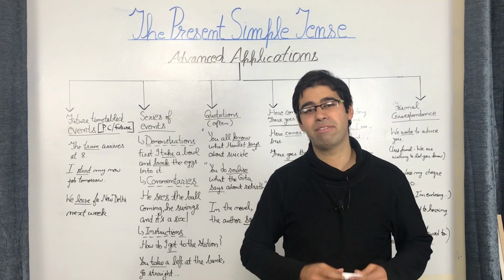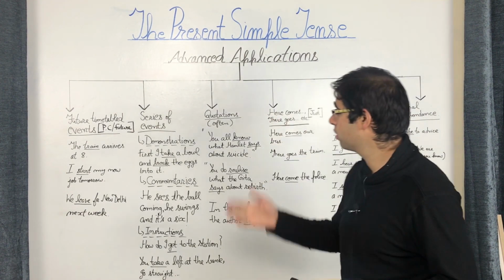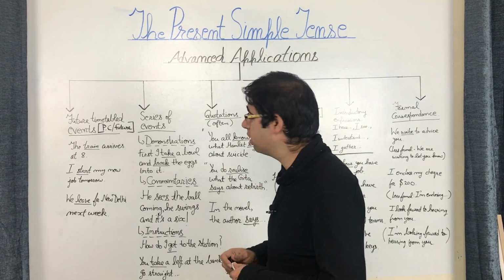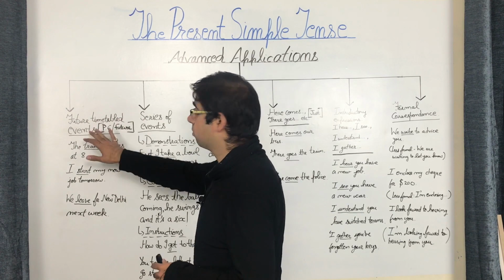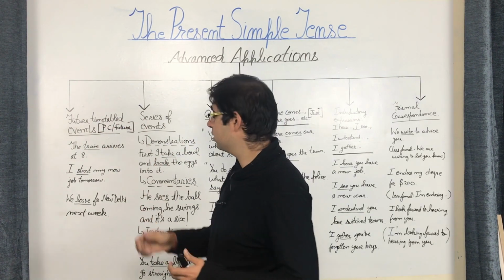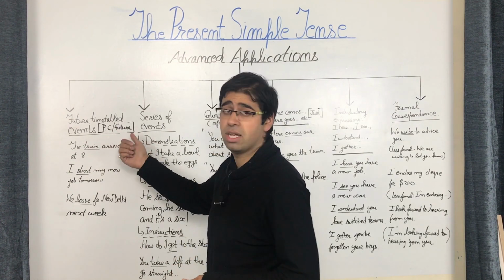So finally, we arrive at the advanced applications of the simple present. Let's have a look. We've got 6 scenarios over here with examples once again. Let's begin with the first one. We've got future timetabled events. Now, events which take place in the near future can be expressed, apart from the present simple, also in the present continuous as well as in the future.